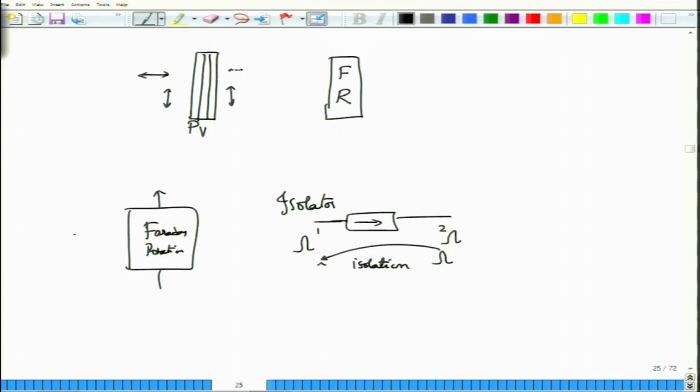The basic idea of the Faraday rotator is, if you send in light at any polarization, doesn't matter, at an angle say alpha, then it will rotate this polarization by an angle beta in only one direction. This is the forward propagation.